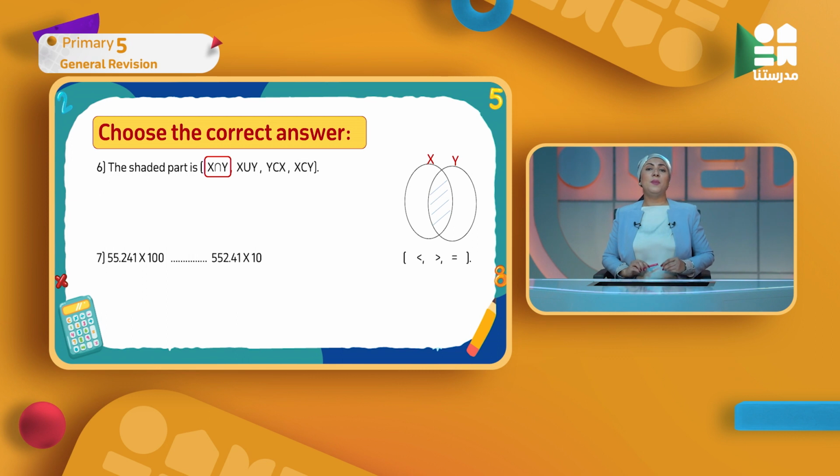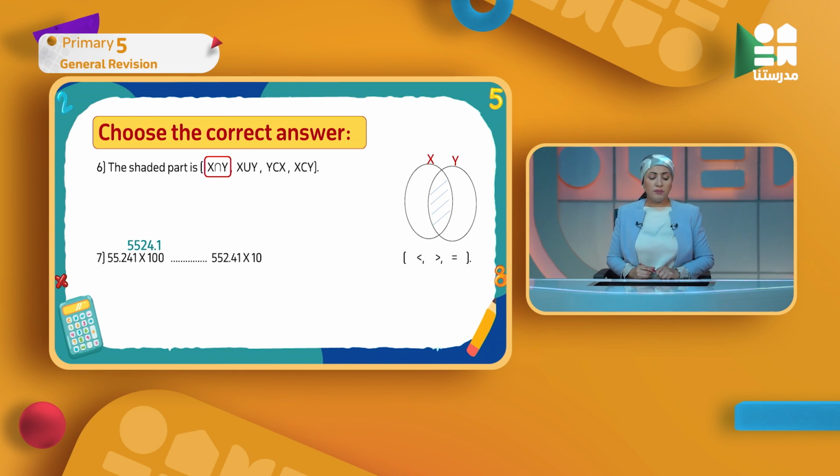Okay, how many places I'm going to move it? The first number or the first problem, I will move the decimal point 2 places because I have 2 zeros in the 100. And in the second part, I will move the decimal place only 1 place because I have only 1 zero.